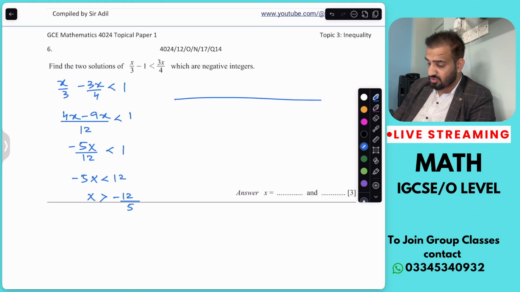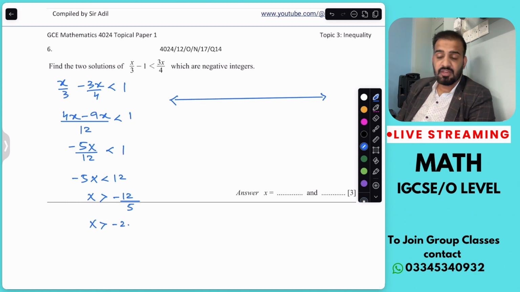So if you draw a real line, so minus 12 over 5 means minus 2 point something, okay? So you can even, it is not required, okay? So 5 twos are, so 5 fours are 20. So minus 2.4.